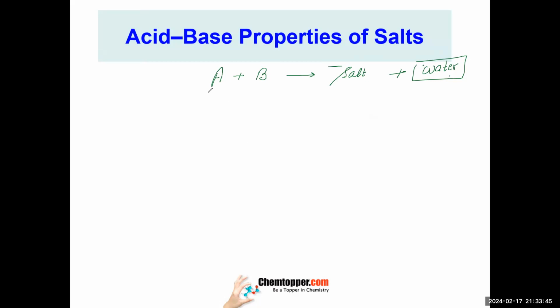Like for example, if I say I'm using HNO3 acid, this hydrogen is on the oxygen, and a base, ammonia. Can you make the product here? What's the product?